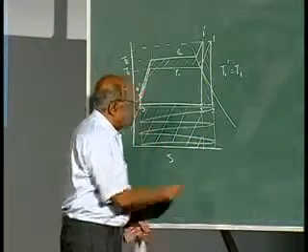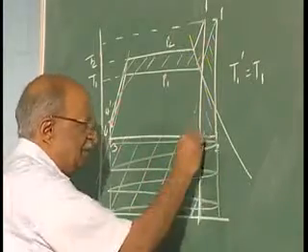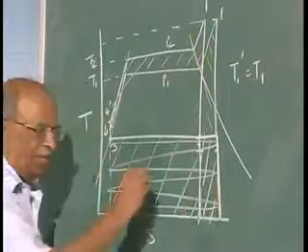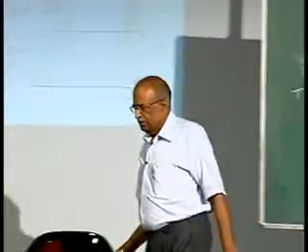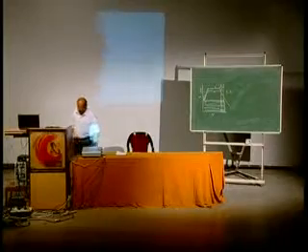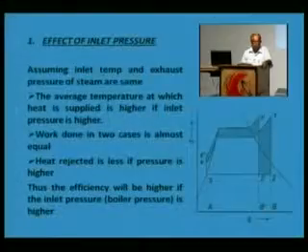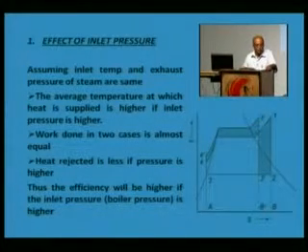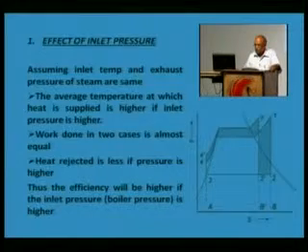So, this net amount of heat has been saved in the condenser, and this saving would result in improving the efficiency, and therefore, if the inlet pressure increases keeping the temperature and the condenser pressure same, the efficiency of the Rankine cycle would increase.